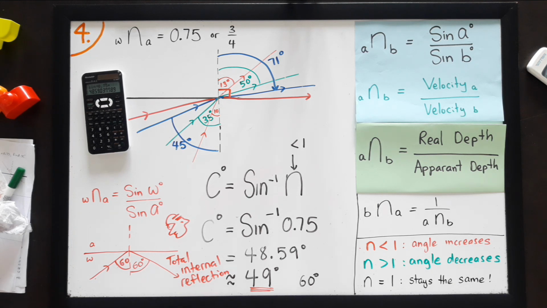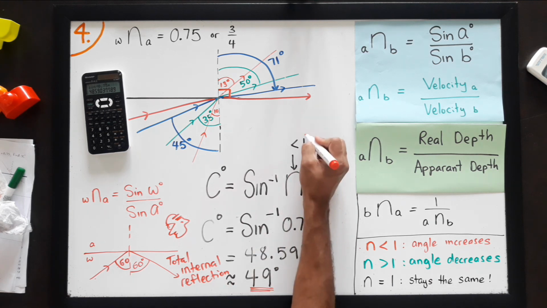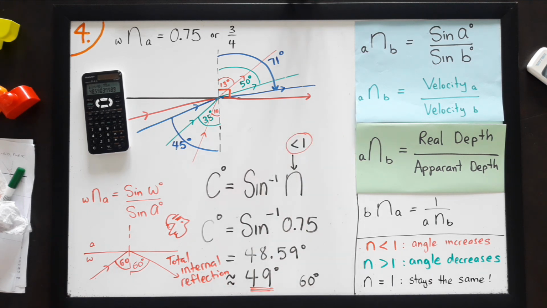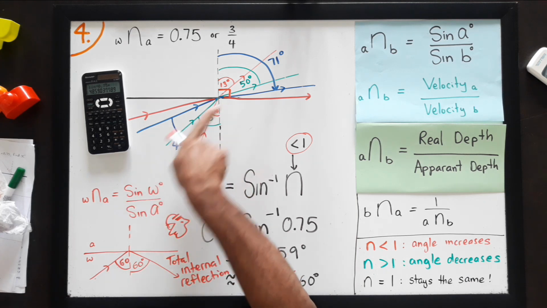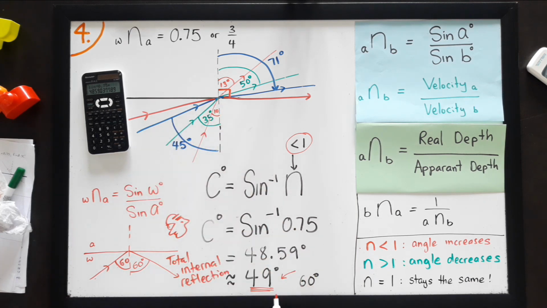Alright, so this is my advice. Anytime you are given a question that has a refractive index and the refractive index is less than 1, you go ahead and calculate the critical angle, even if the examiner didn't tell you to calculate it. Calculate it, and once you get the value of the critical angle, make sure the incoming angle, the angle of incidence, does not cross the critical angle.